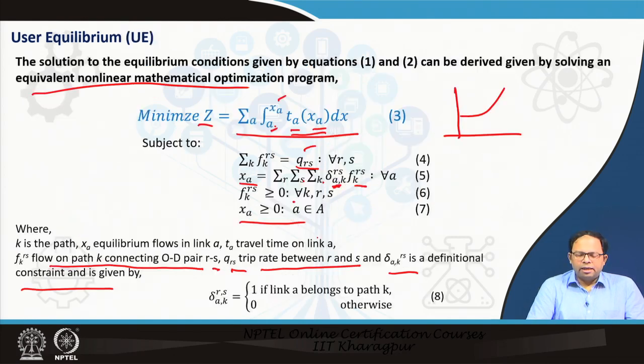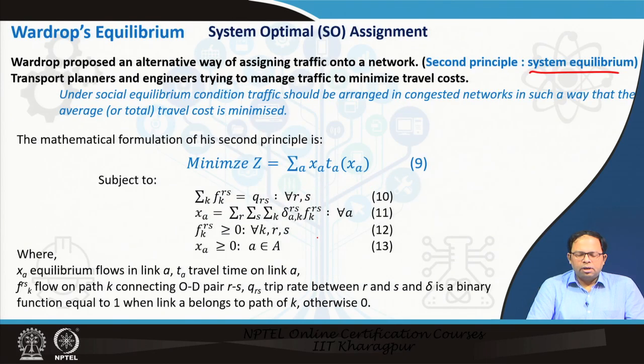In the same way that we were minimizing in the usual equilibrium, here we are minimizing z, the sum of x_a into t_a(x_a). That means this is flow into travel time that is being considered.